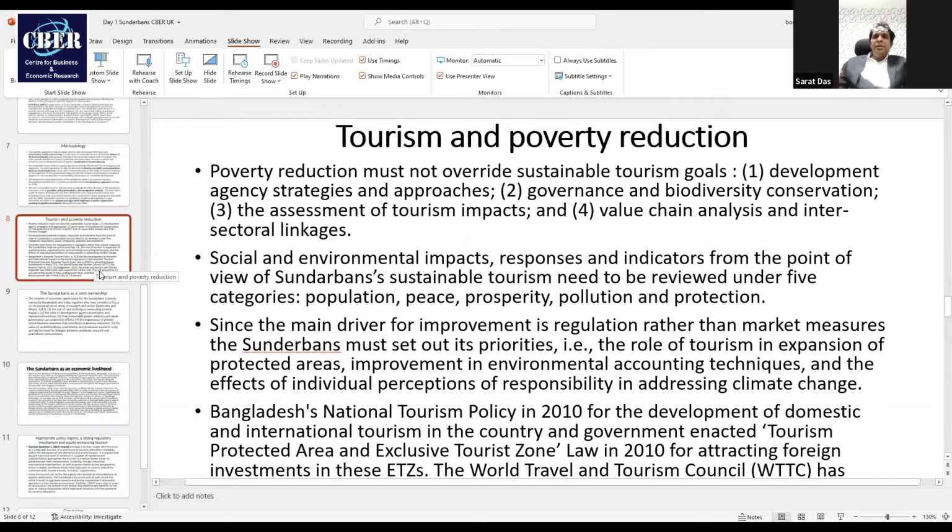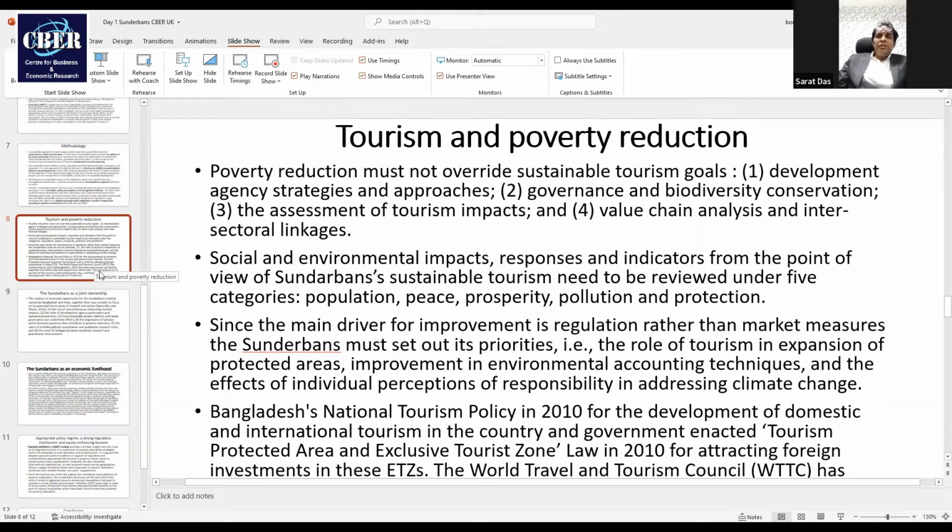And then finally, I would also like to mention that there is a Bangladesh national tourism policy, and India also has its own policy. This policy also provides a guideline on how these protected areas and exclusive tourism zones need to be regulated.